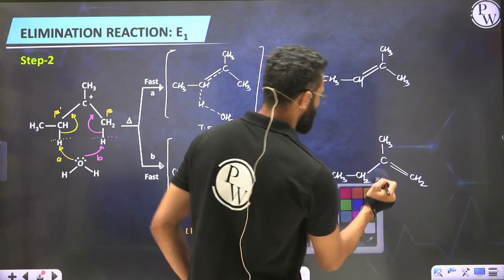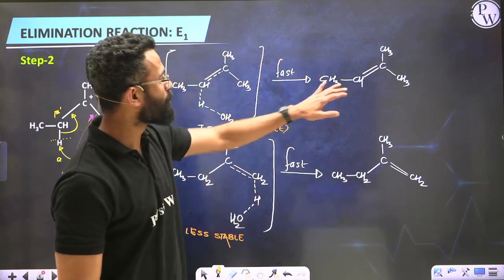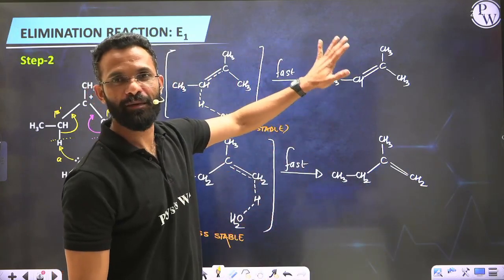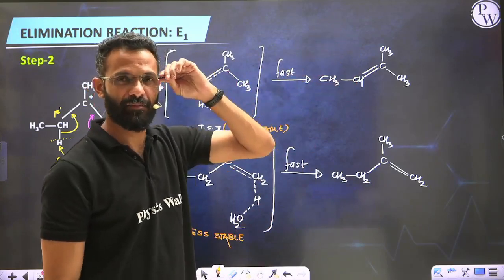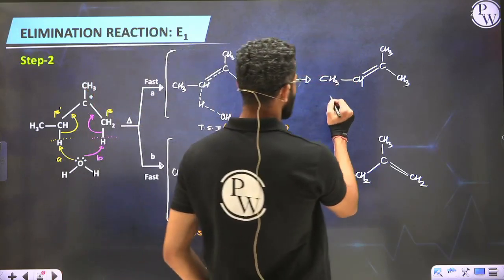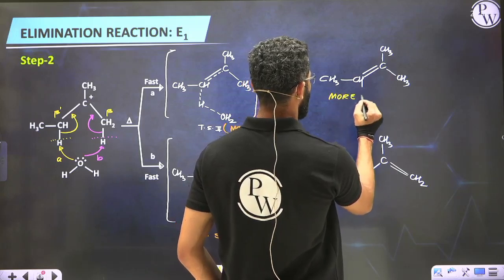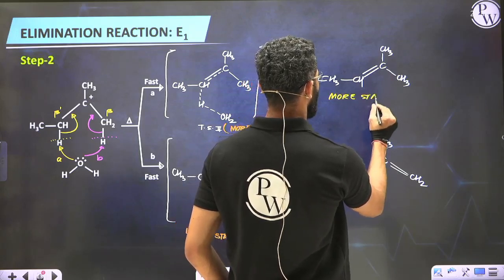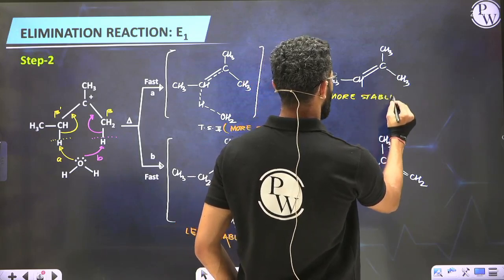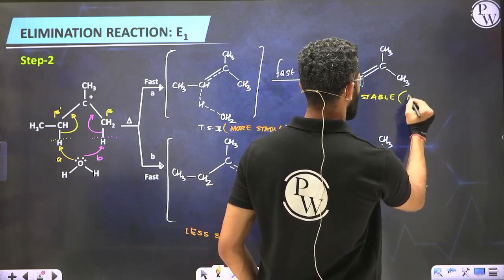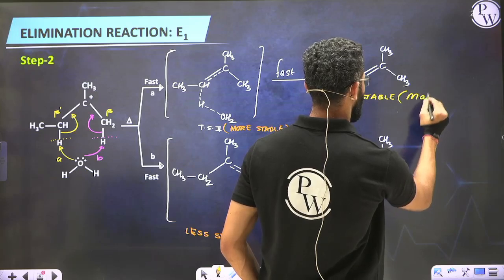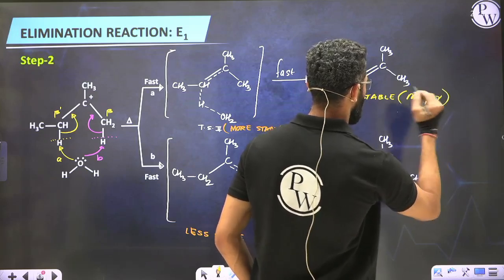So guys, like we said earlier, this is the more stable alkene, right? So this is the major product and is called the Saytzeff elimination product. So this is more stable. Because it is more stable, this is also a major product.